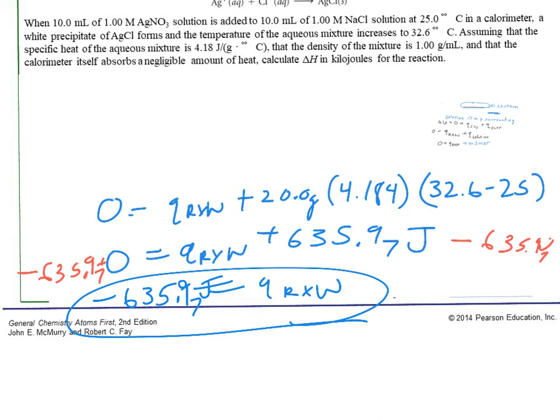Every single time, that will almost be choice A. That is not the right answer, however. That is the amount of heat released when we reacted the quantities we reacted.